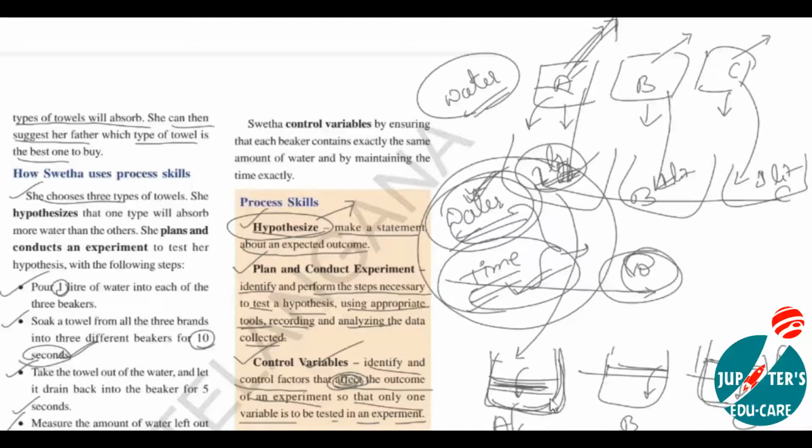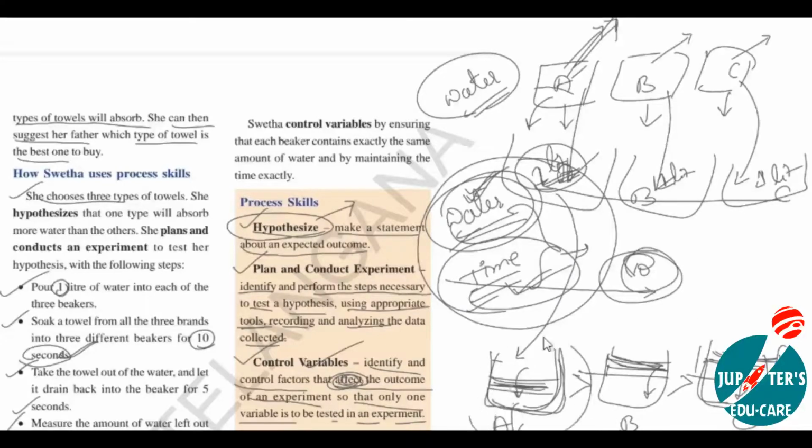In beaker A, there will be less water than in B. In beaker C, there is more water than in B. In beaker B, there is more water than in A.